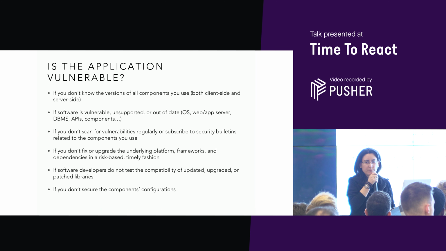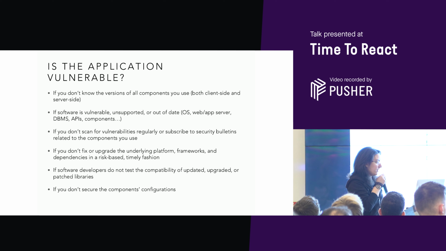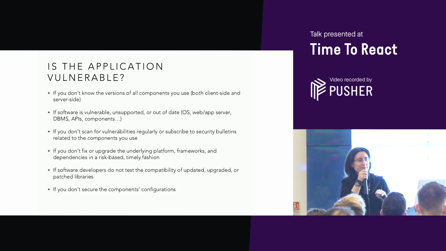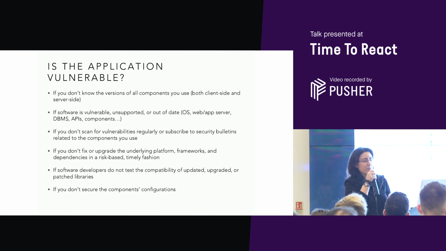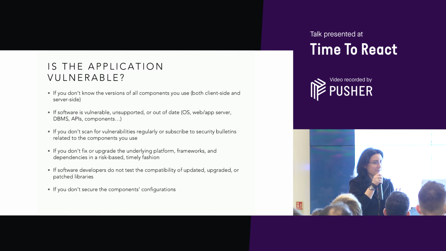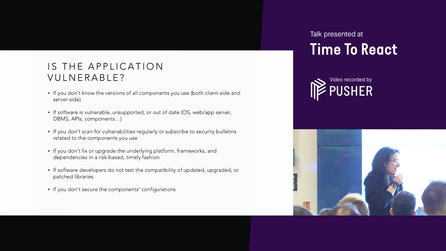So how do you know if your application is vulnerable, actually? If you don't know the version of all your components. So who here knows all the versions of all your components? Apart from React, obviously, because you will say if it's version 15 or 16, but apart from React, yeah.